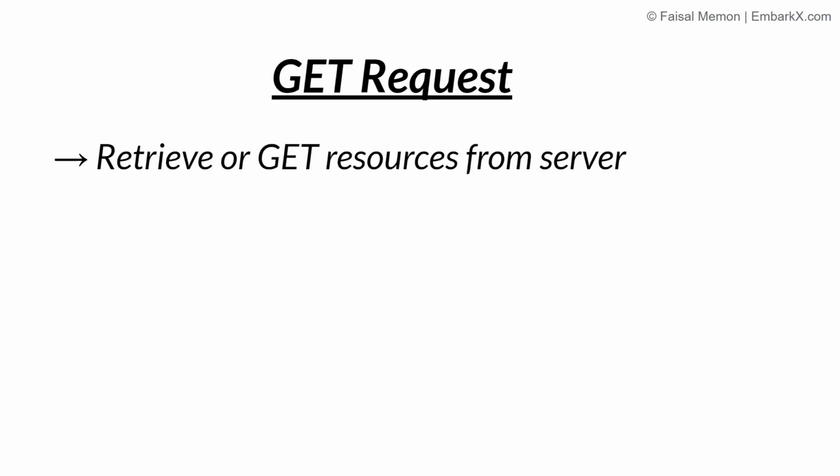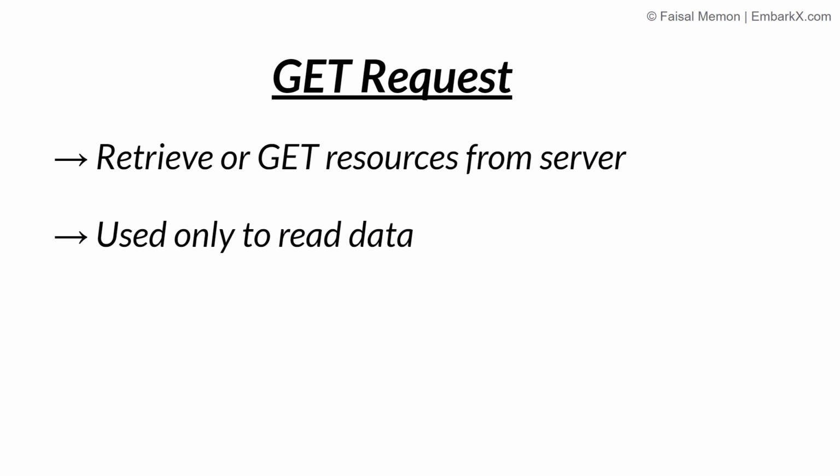We have the GET request, and this request is used to retrieve or get something from the server. This can be any resource, any data, or any kind of information that you need from a particular server, and the server will help you fetch this from the database. GET requests are only used to read data and not change it.